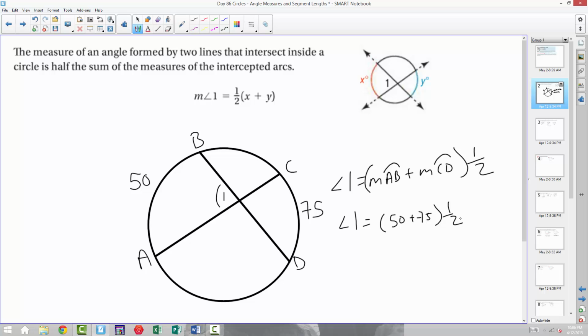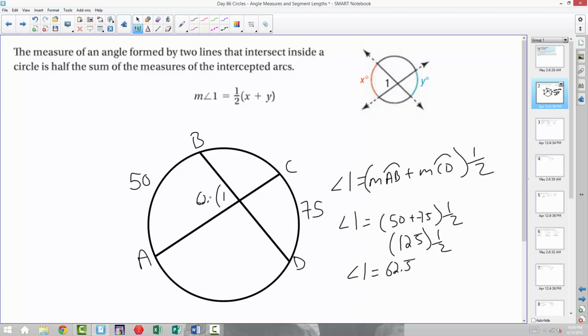So if I have 50 plus 75, I have 125, and I take half of it. Half of 125, I get 62.5. So angle 1 is equal to 62.5.